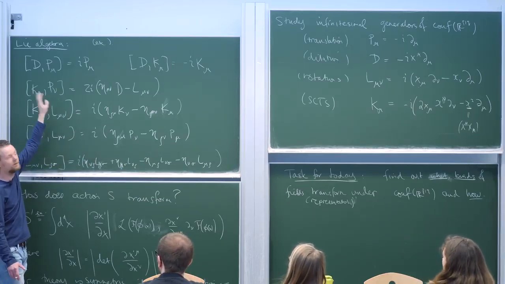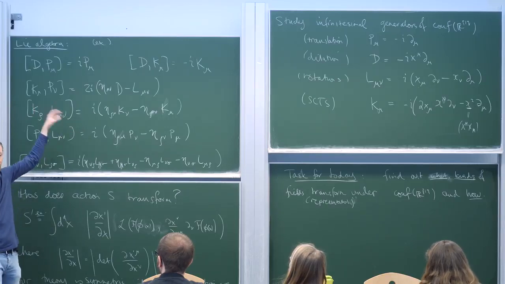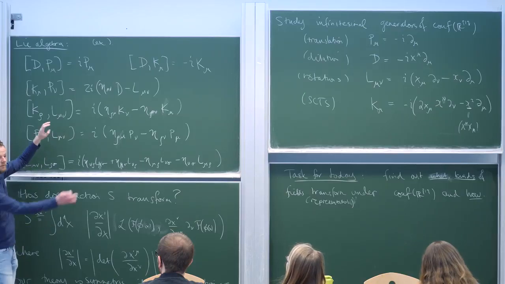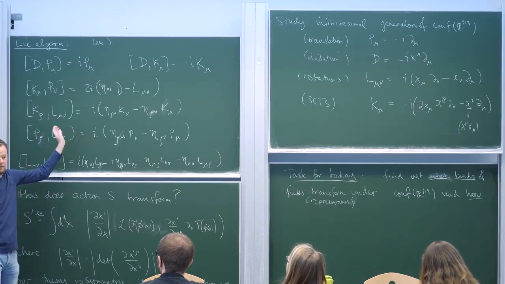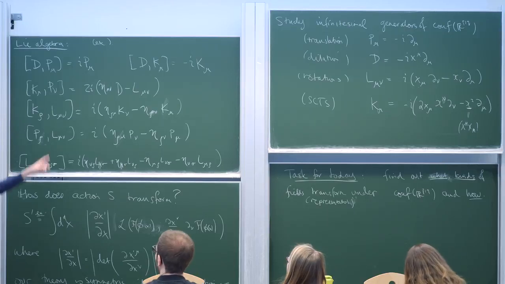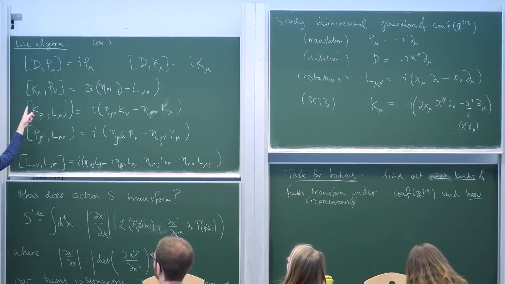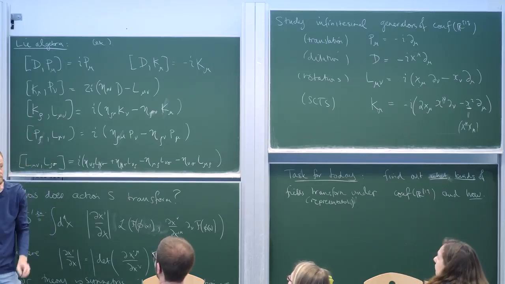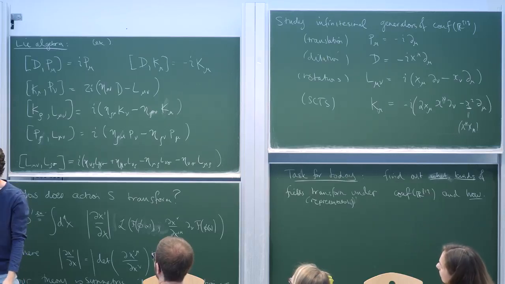You just don't do special conformal transformations, you don't do dilations. So we know that whatever representations we have will be labeled by spin or helicity. Then our only task is to understand how D acts and how K acts. That's our goal, and we'll be able to achieve it relatively rapidly by using a trick.